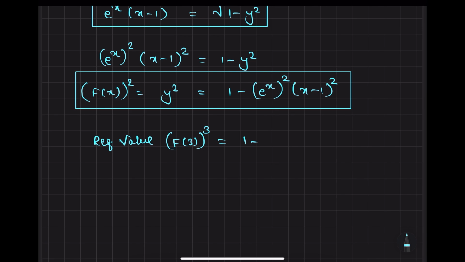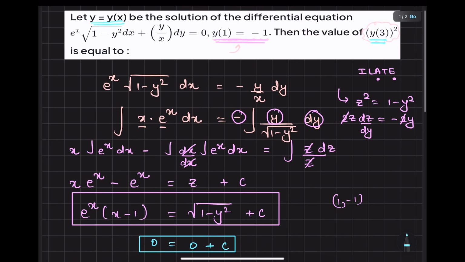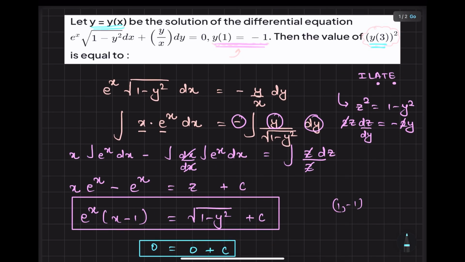So power to the power will be multiplied. So e power 6. And then 3 minus 1 is what? 3 minus 1 is 2 and 2 whole square is 4. So therefore the required value is 1 minus 4 times e power 6. I hope the idea is clear and you guys can handle similar situations. So see you guys in the next session of MathFlix.